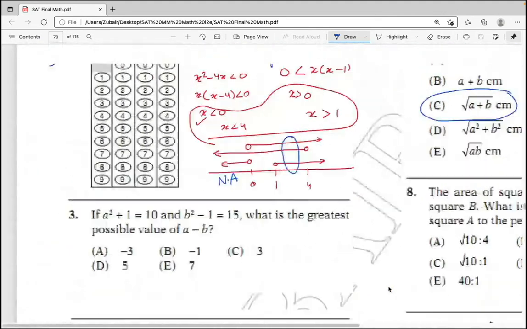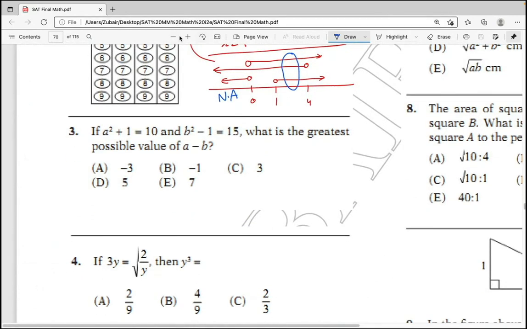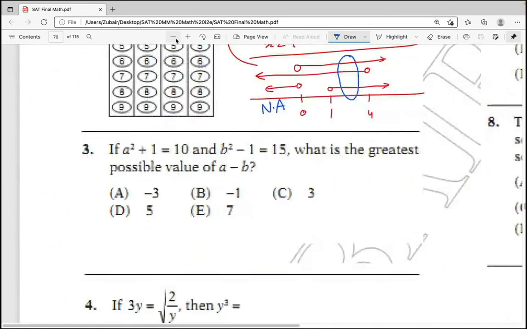Try question number 3. Try to do it without writing. Minus 1. Wait, no, it's 7.